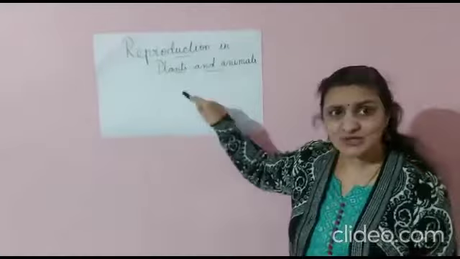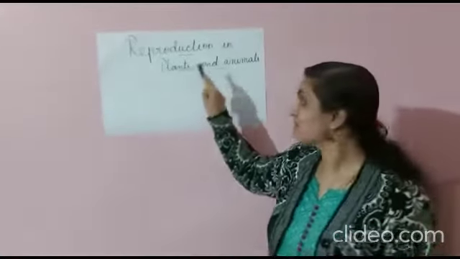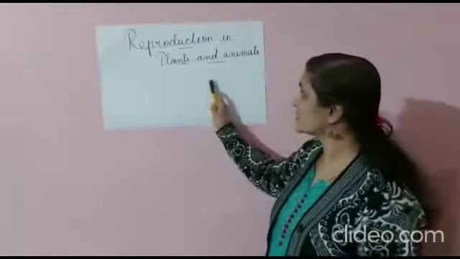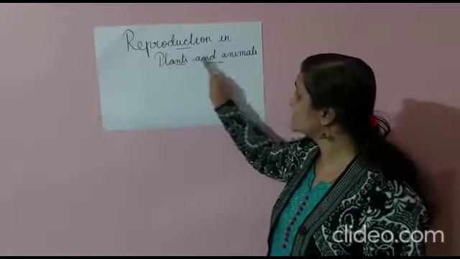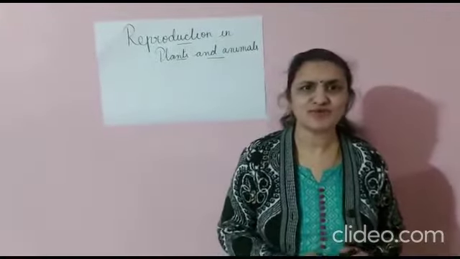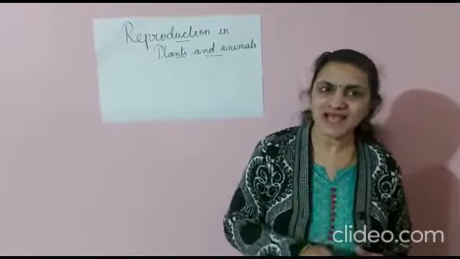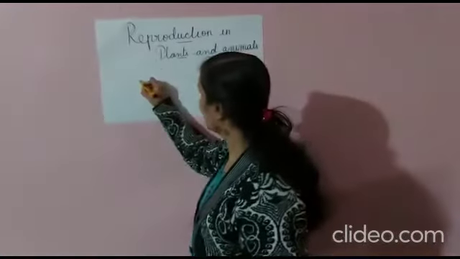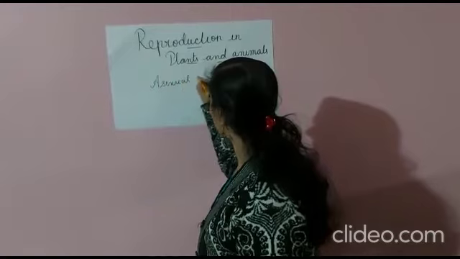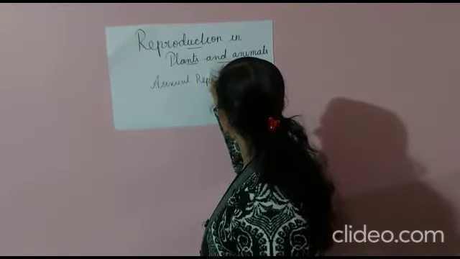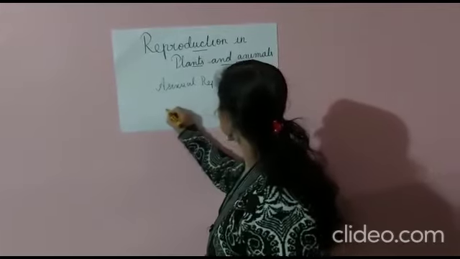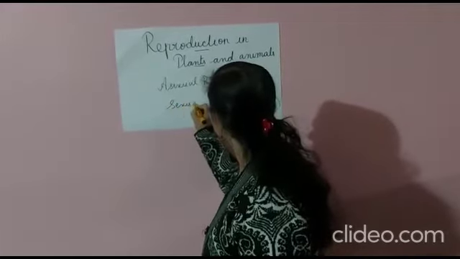Now in today's session, we are going to learn in detail the different processes of reproduction in plants and animals. There are two types of reproduction. One is asexual reproduction and the second one is sexual reproduction.